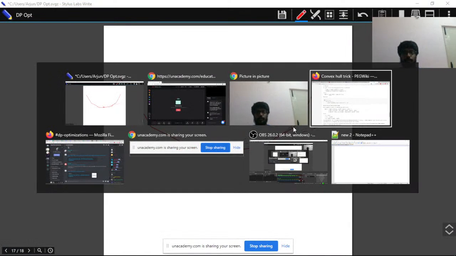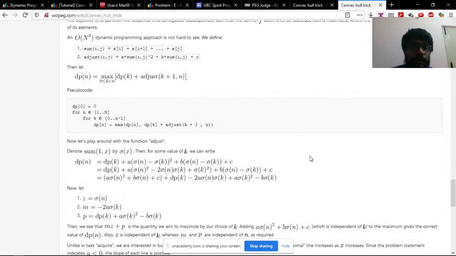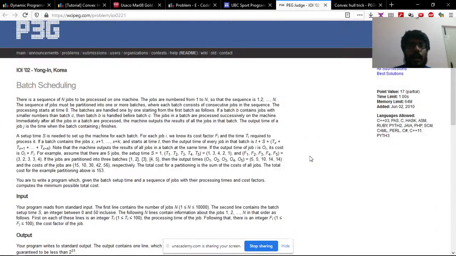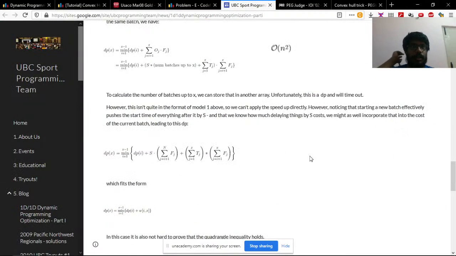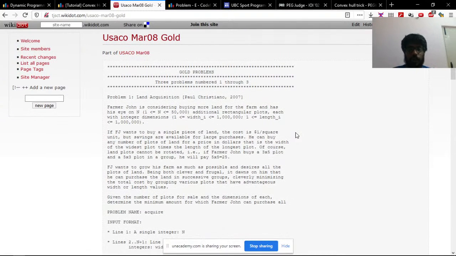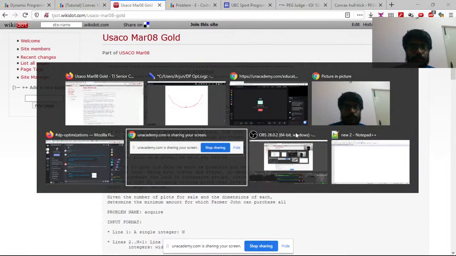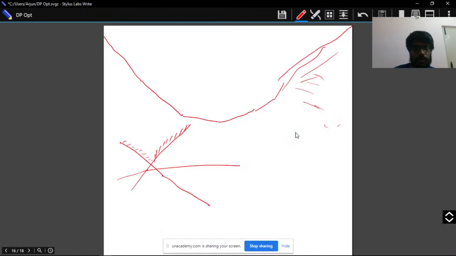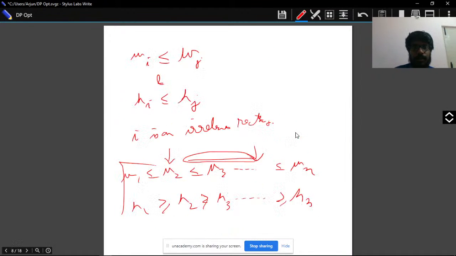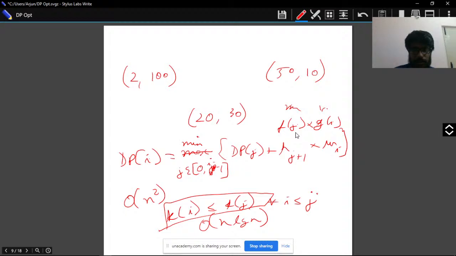Cool. Okay. So then coming to the main thing, which is how is this used in DP problems, right? And let's take the same example which we did before, which is acquire. So as we saw already, acquire has this DP.